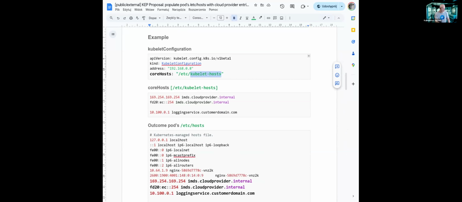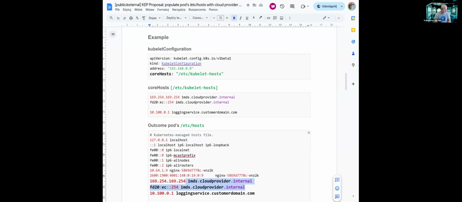Yes, and it would be the same if you provide etc host here. In fact, the way ResolveConf is implemented is there's a flag that says, go read this ResolveConf. This is the host ResolveConf, and it defaults to etc ResolveConf, but you can point it to any other file you want. Okay. I believe this will also work, especially that in the cloud providers, the Google cloud provider propagates these core addresses to the etc host of VMs.